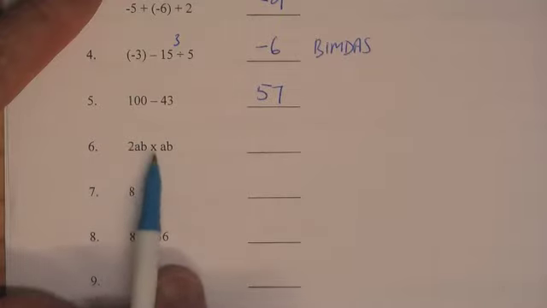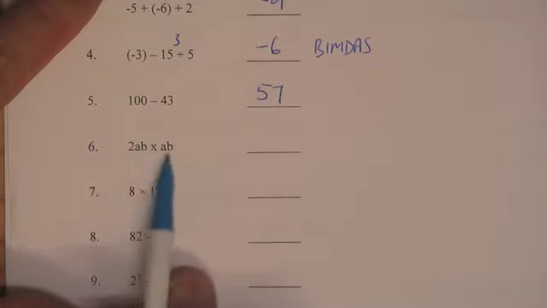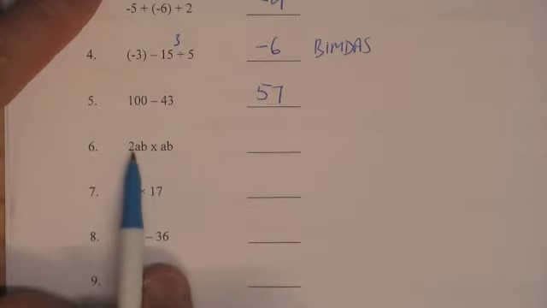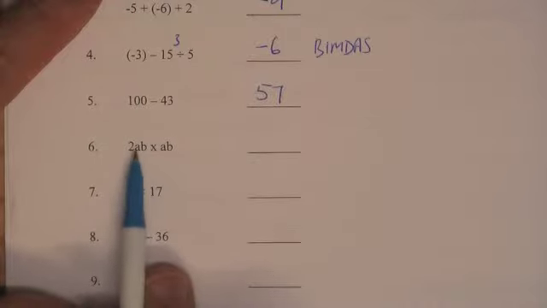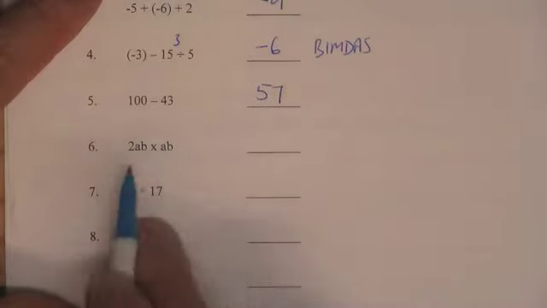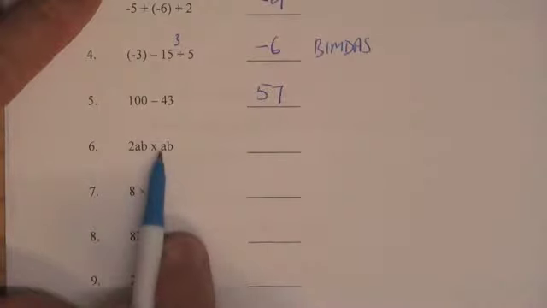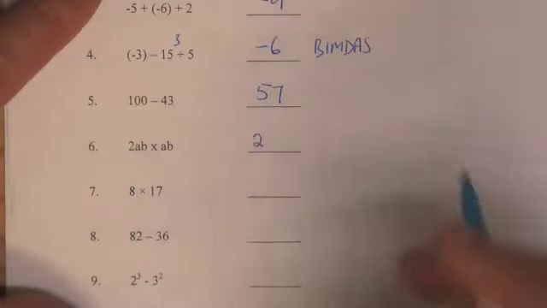Now, 2AB times AB. When we're multiplying like this, we multiply A times A, B times B, and the 2 by the AB. So we've got 2 times, there's 1 there effectively, 2 times 1 is 2.